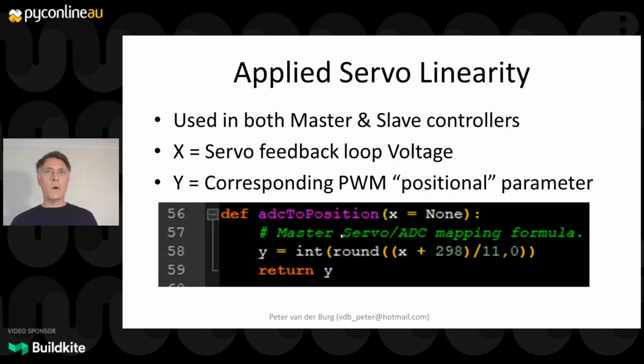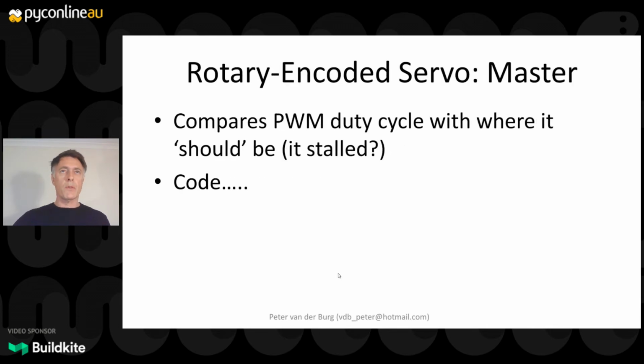And so this is how I use it inside the slave and the master. The same function. For every voltage, I get a position, and then I do a comparison of what the code thinks the servo should be positioned.